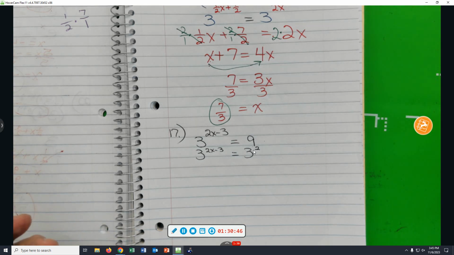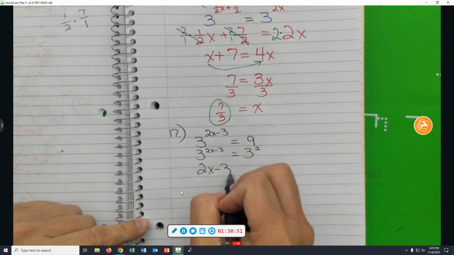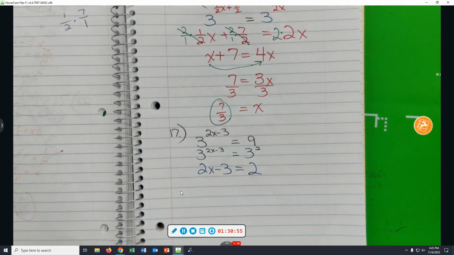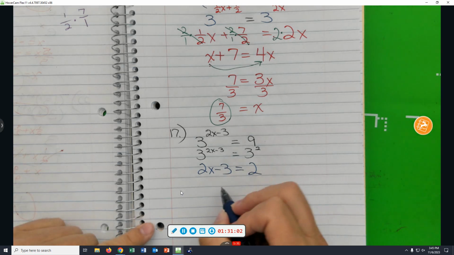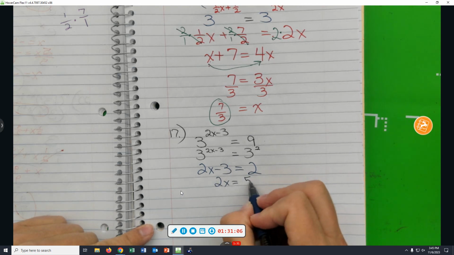And then what will I do? Drop the base, set the exponents equal. I'll set the 2x minus 3 equal to 2. There's only one correct next step. What is it? Add 3 to give us 2x equals 2 plus 3 is 5.